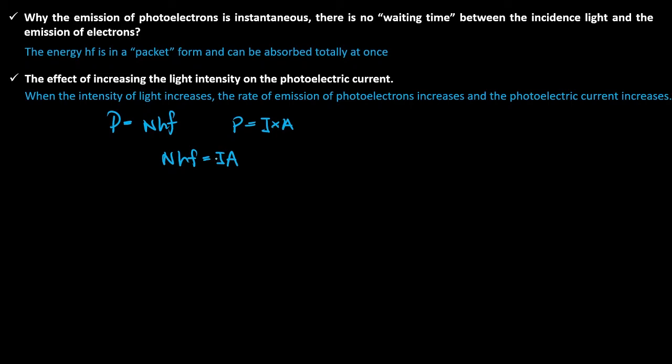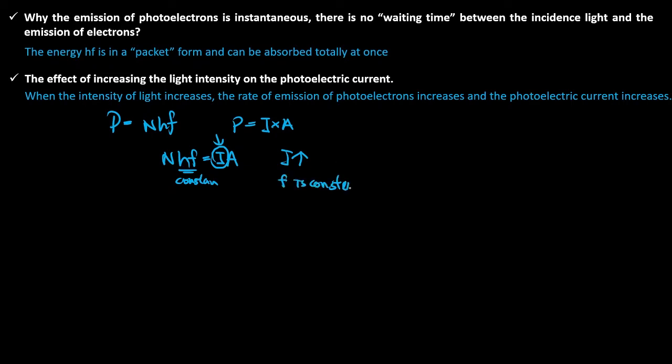So when your intensity increases and you are still using the same light, it means you have the same frequency. So HF is constant because F is constant.